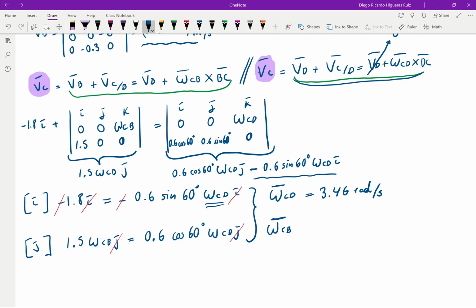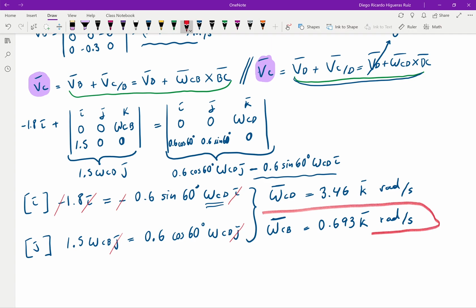I'm just going to write my K here. So my omega CB is going to be 0.693, again in the K, radians per second. And that's what I was trying to solve.